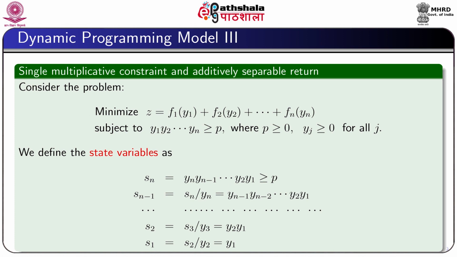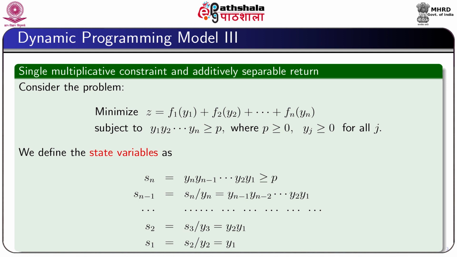We define the state variables as follows: Sn is equal to yn minus 1 dot dot dot y2 into y1, which is greater than or equal to p. Sn minus 1 is equal to Sn by yn, which is equal to yn minus 1 yn minus 2 dot dot dot y2 into y1.